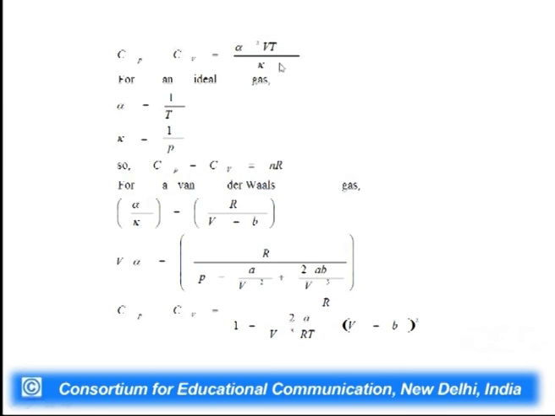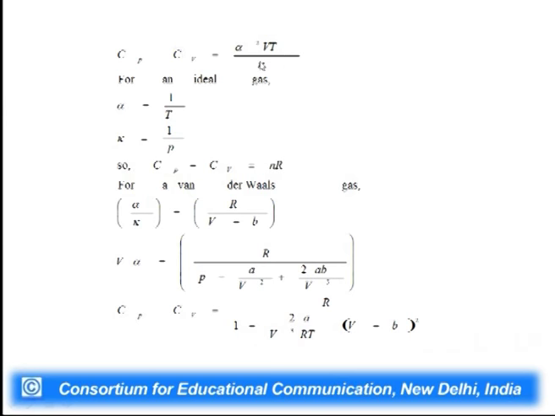So, from the general equation, we can calculate the value of Cp minus Cv for an ideal gas. You must remember this, that it is easy to calculate Cp minus Cv for an ideal gas using this equation.